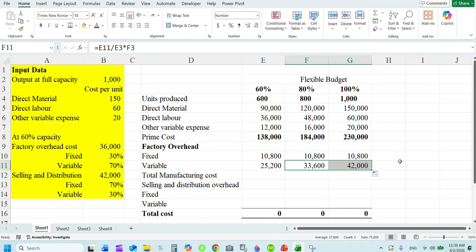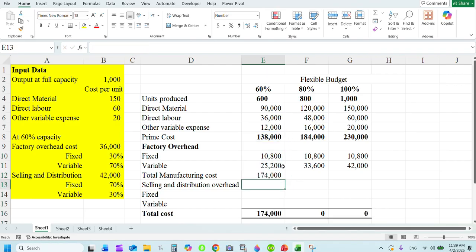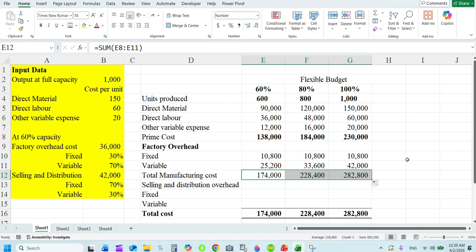That's how it works in Excel, no need to worry. Then this is my prime cost. These are my factory overheads. So then I can say total manufacturing cost. Total manufacturing cost is the sum of prime cost plus factory overhead. This is my total manufacturing cost.